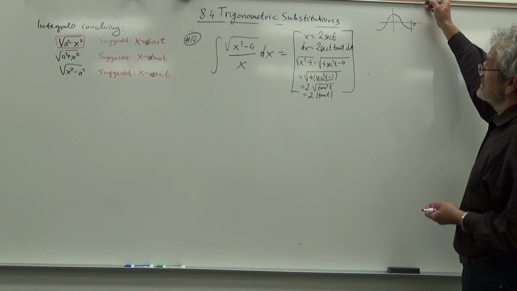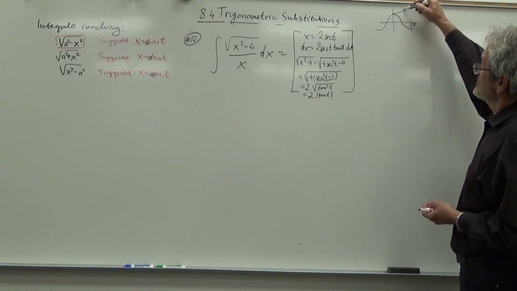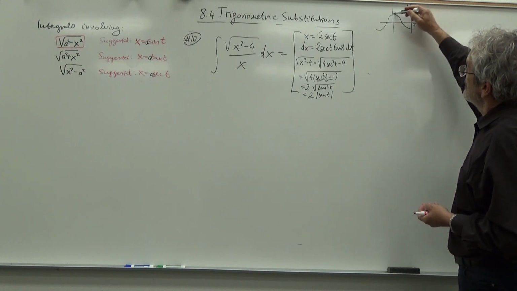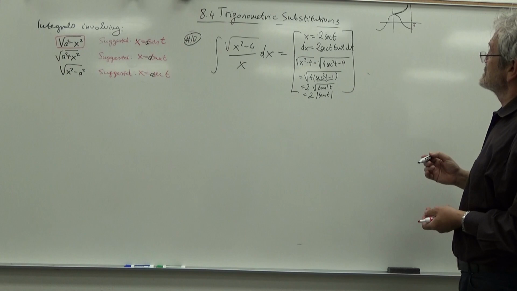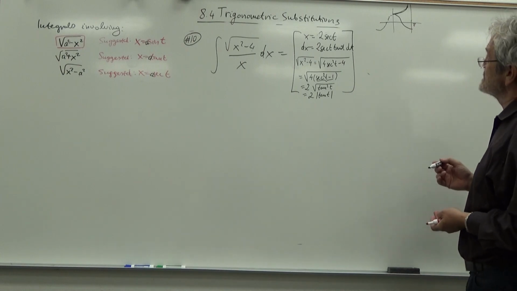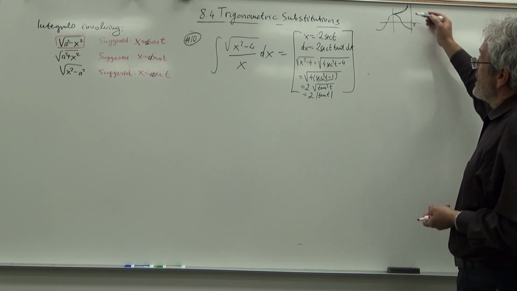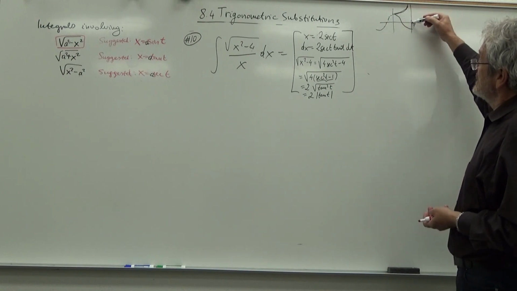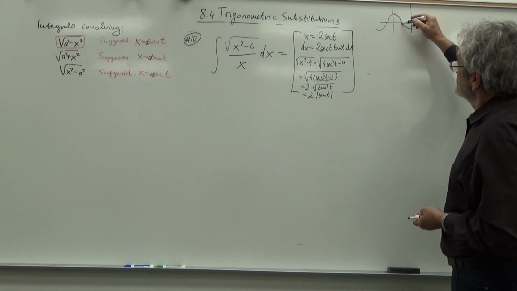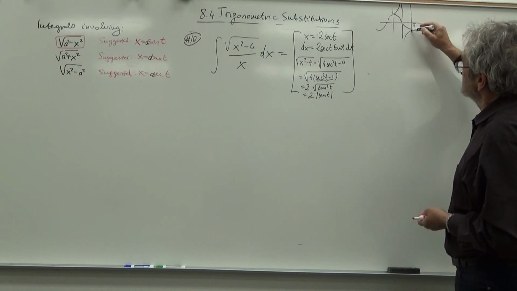And then secant, as the reciprocal of that, also goes like this; here is the asymptote, and then it recovers here.